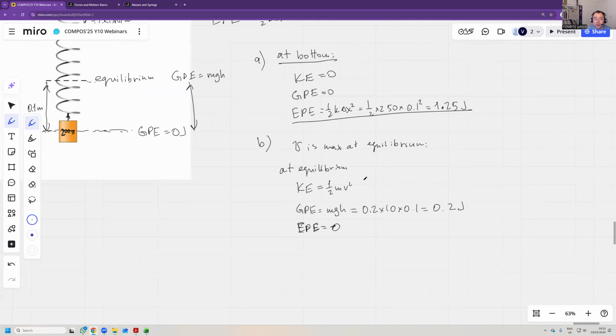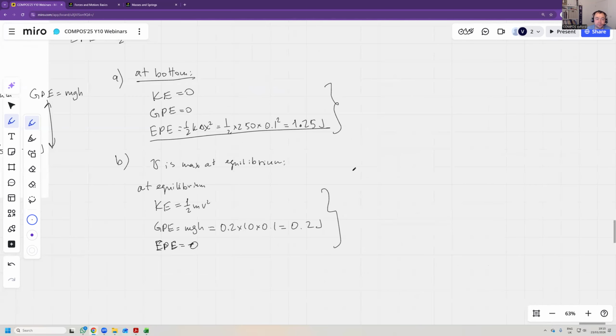Okay, and the kinetic energy is 1/2 mv squared. But we know that the total energy must remain the same. And therefore, 1/2 mv squared plus 0.2 joules must equal 1.25 joules.